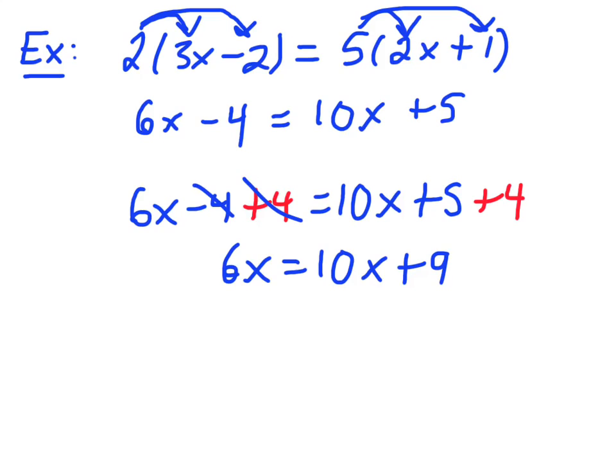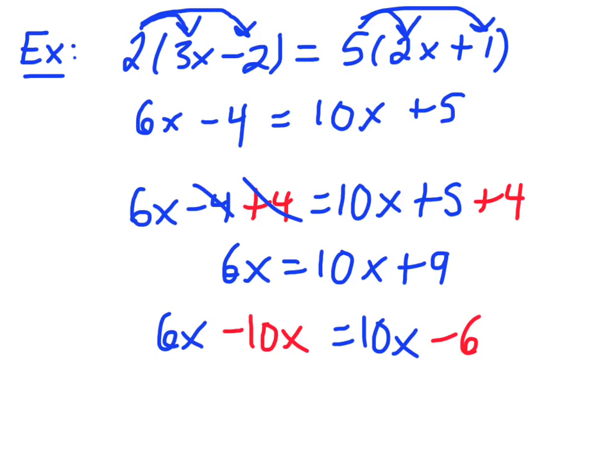So now I'm going to subtract 10x from both sides, so this is where I'm going to get my negative from. So 6x, oops, not 60. 6x subtract 10x is equal to 10x subtract 10x, of course, plus 9, and then we cancel out these 10x's here, so I'm left with negative 4x is equal to 9.